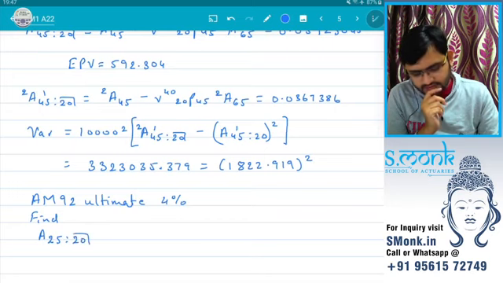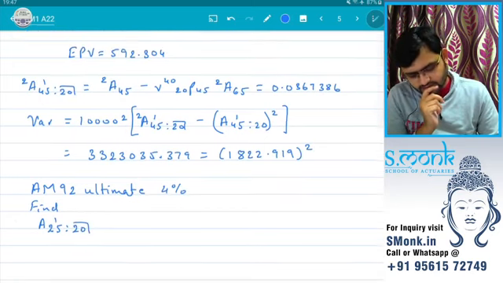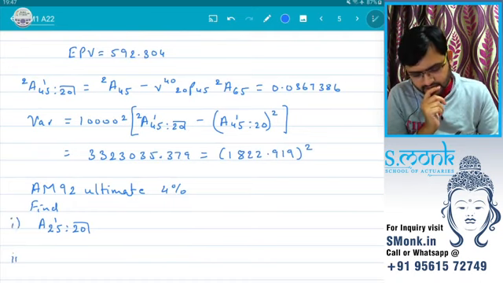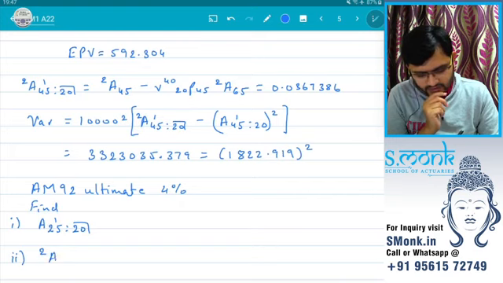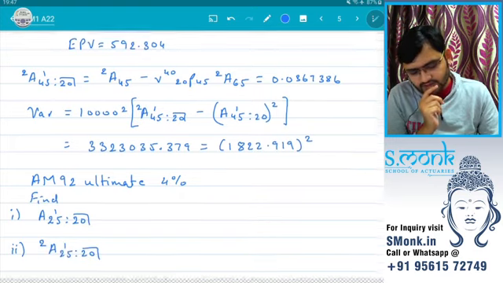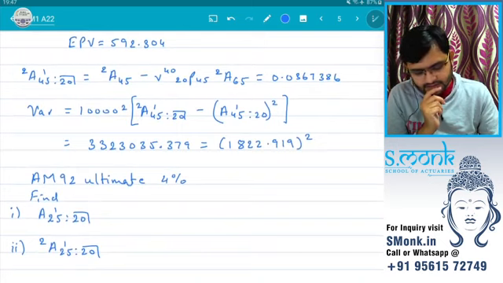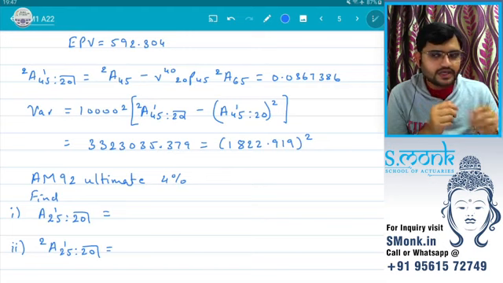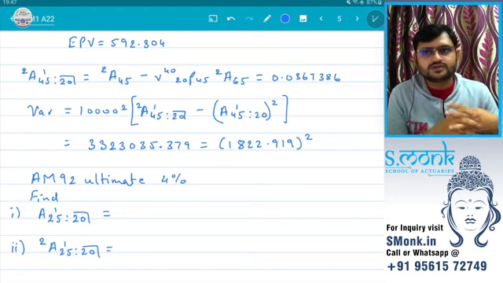You can find this. Also find 2A25 20. Find this and tell me what these values are going to be. I will be back in 2 minutes.